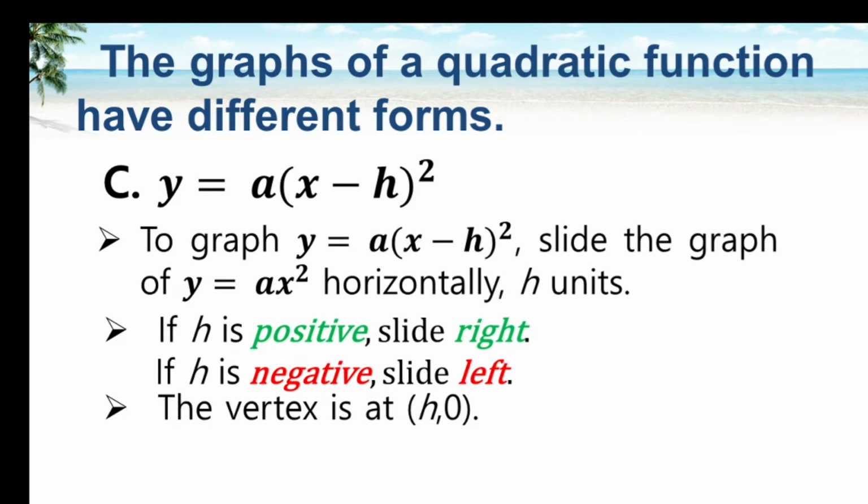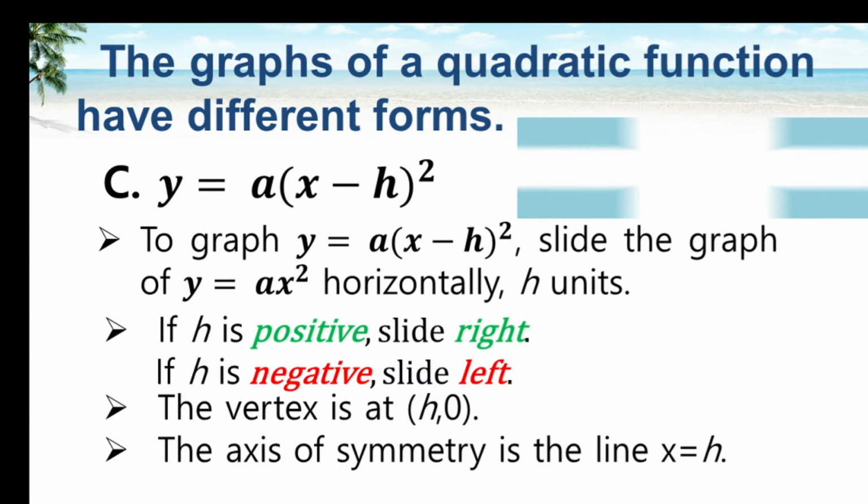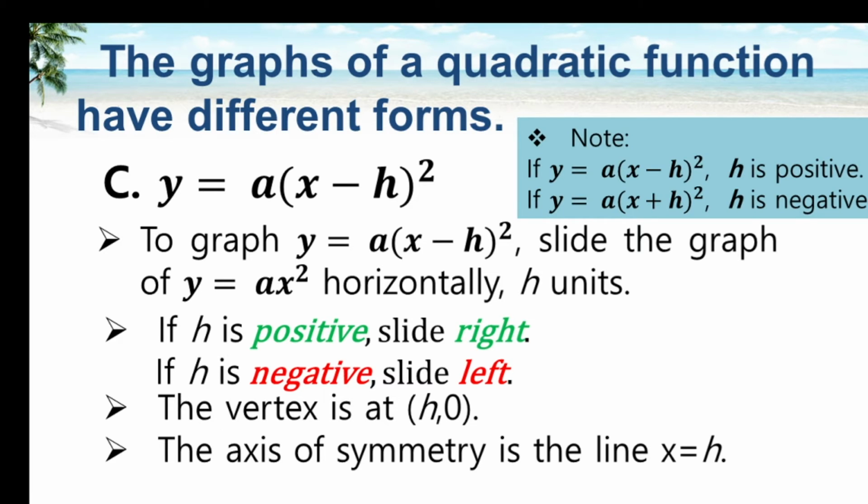The vertex is at the coordinate (h, 0). The axis of symmetry is the line x = h. Take note that in y = a(x - h)², h is positive. In y = a(x + h)², h is negative.